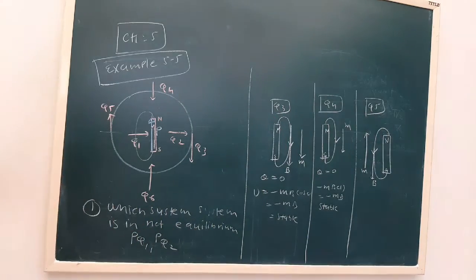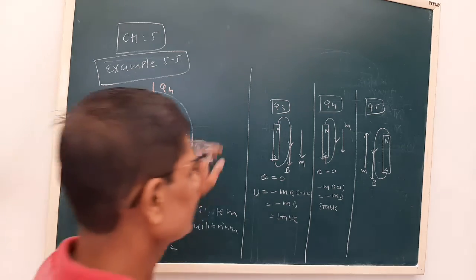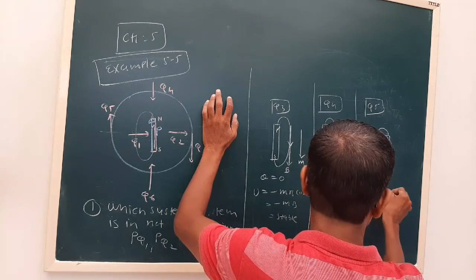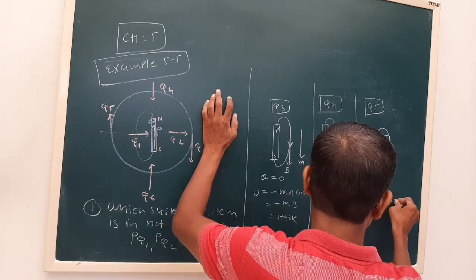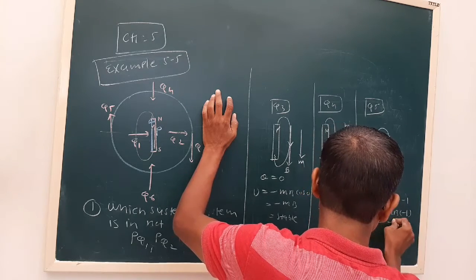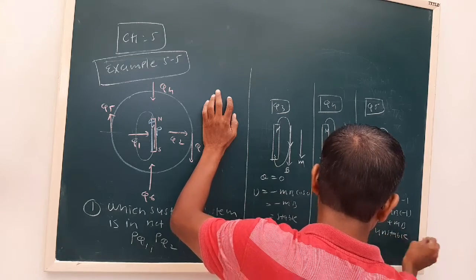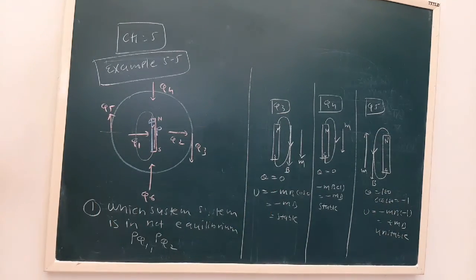Here we can see that for Q5, M and B are in opposite directions. Theta is 180, cos 180 is -1, U is equal to minus MB into -1. This will be unstable.